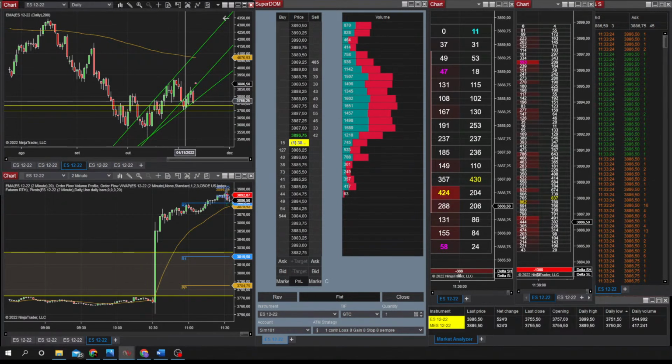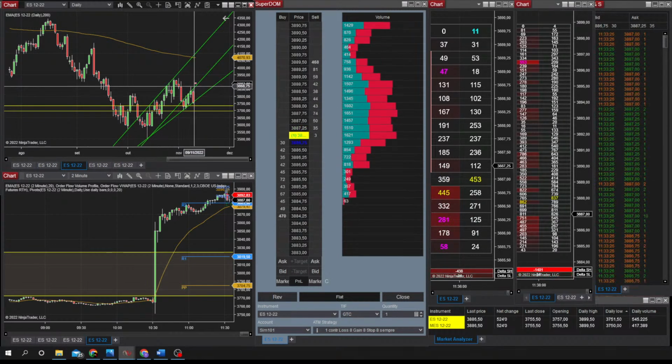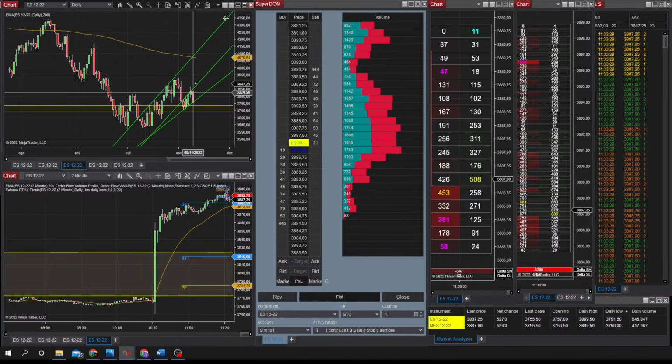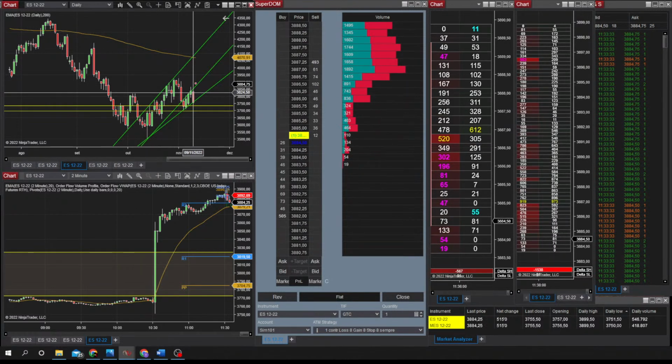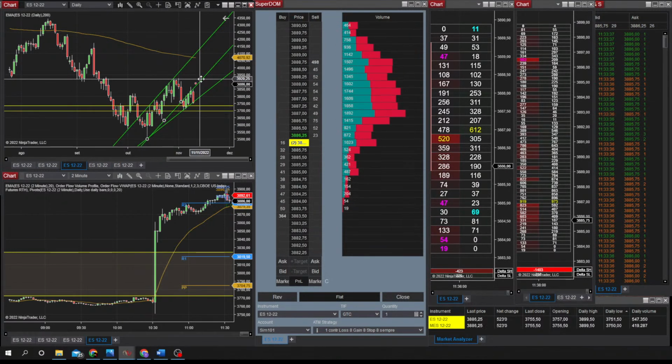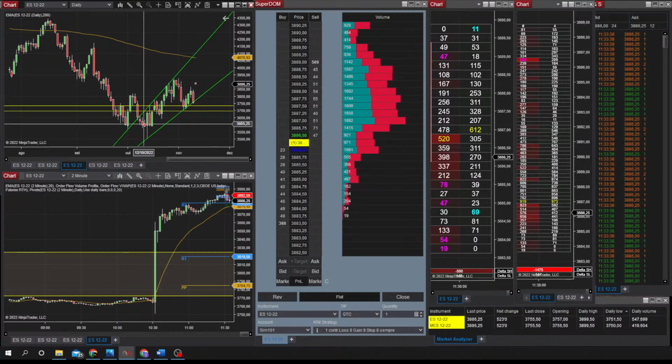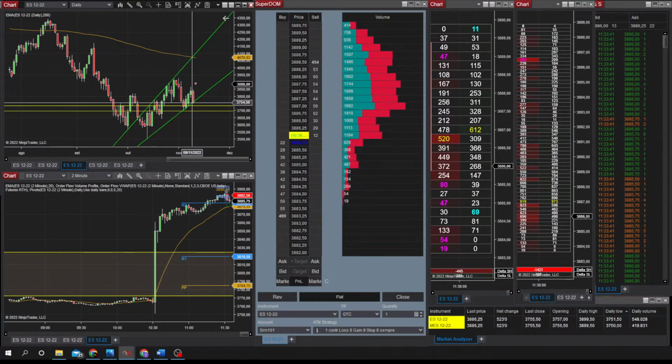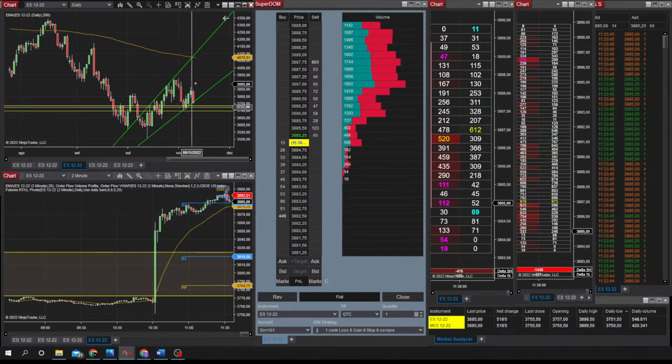We tried to recover the channel, and yesterday there was a new drop. So this could lead to this new uptrend line here. And yesterday we just touched that uptrend line.